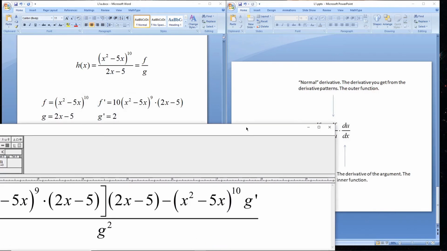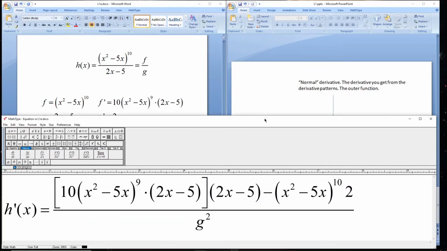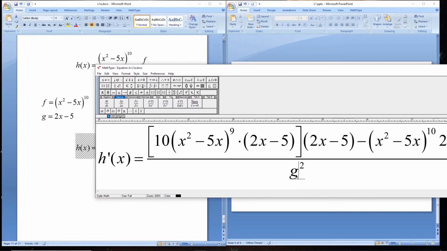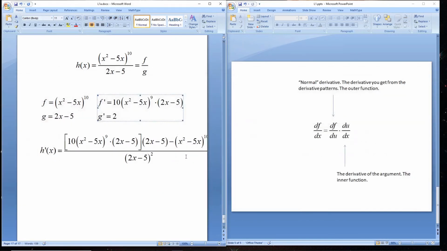And so going back to our quotient rule, g prime is 2. And this is all divided by g squared. And what is g? It's 2x minus 5. And here is our answer.